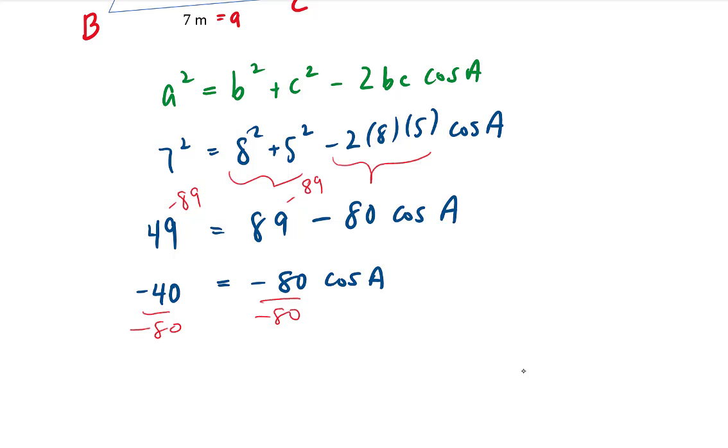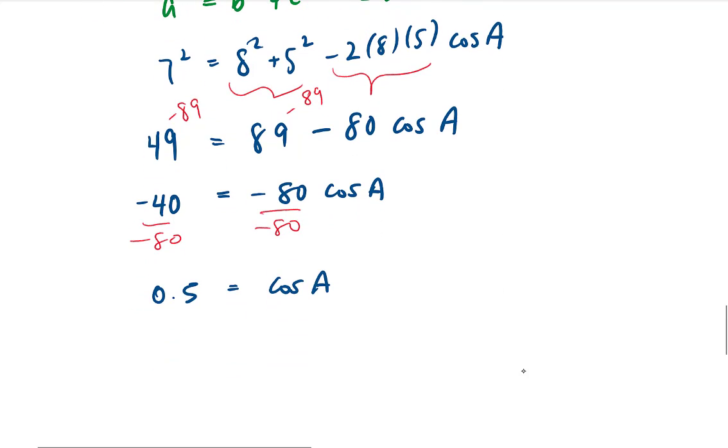And I end up with 0.5 is equal to cosine of angle A. Last step, to find angle A, I'm going to do the cos inverse of 0.5. And here I get an exact angle of 60 degrees.